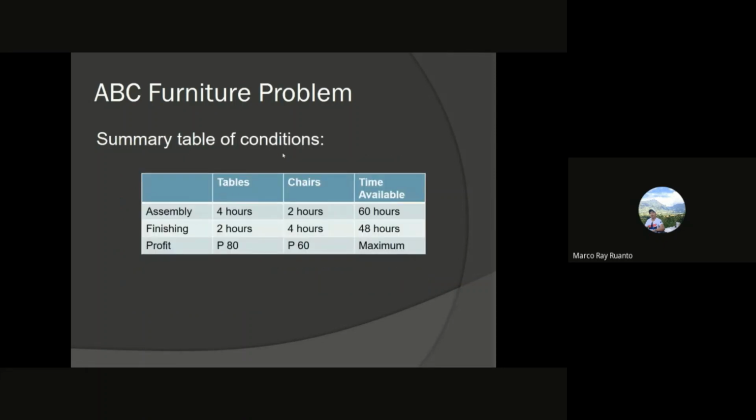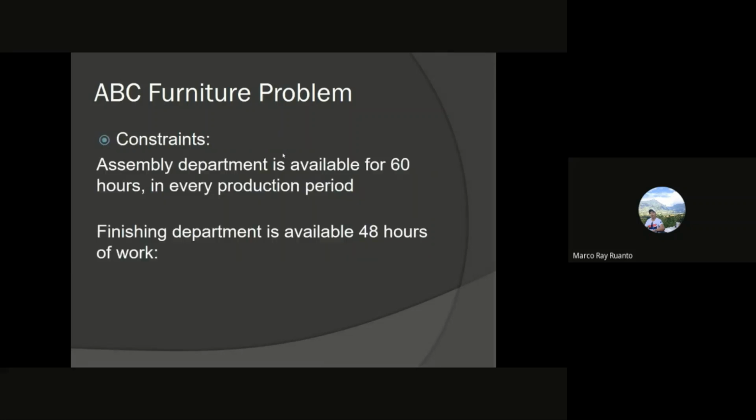In summary, we can have this table. Now we need to translate this into equations or inequalities. For the first constraint, the assembly department is available for 60 hours per production period.